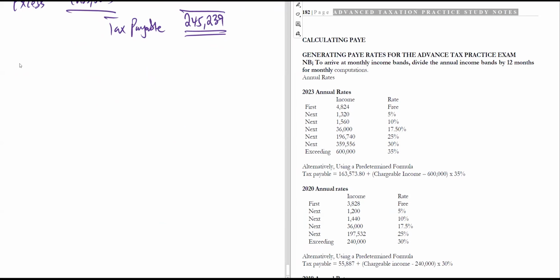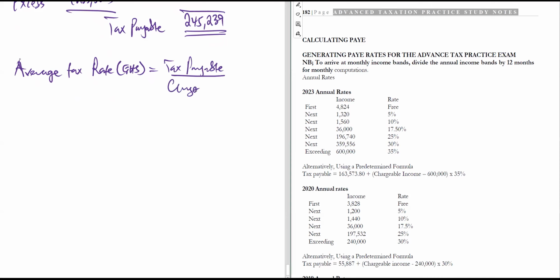So now that we've got it, what do we need now? We need the average tax rate in Ghana, true or false? True. And how do we get the average tax rate in Ghana? We learned that it is the tax payable divided by chargeable income, times 100.